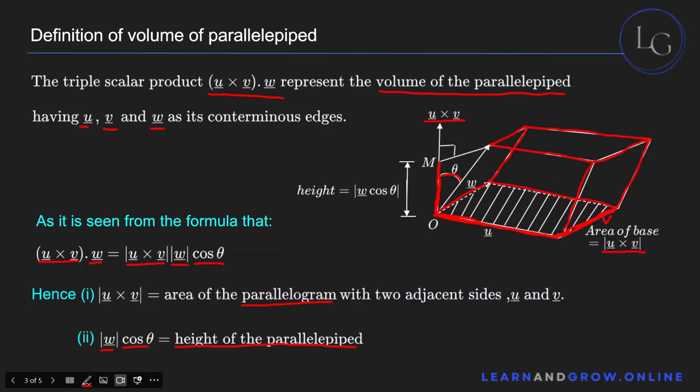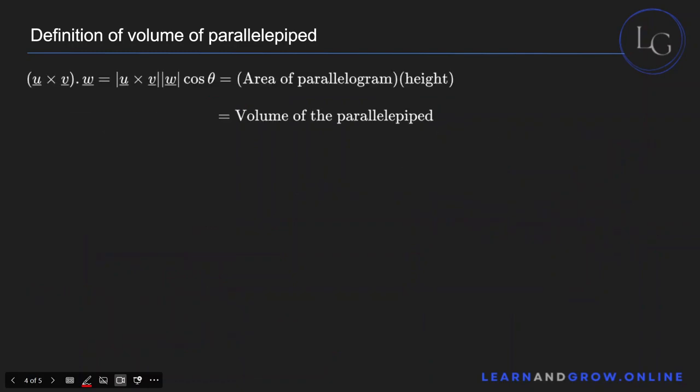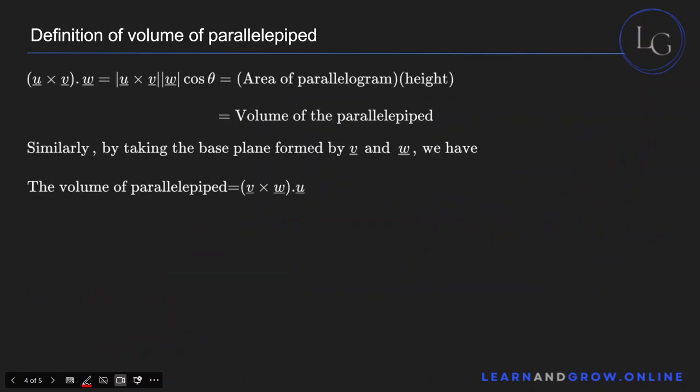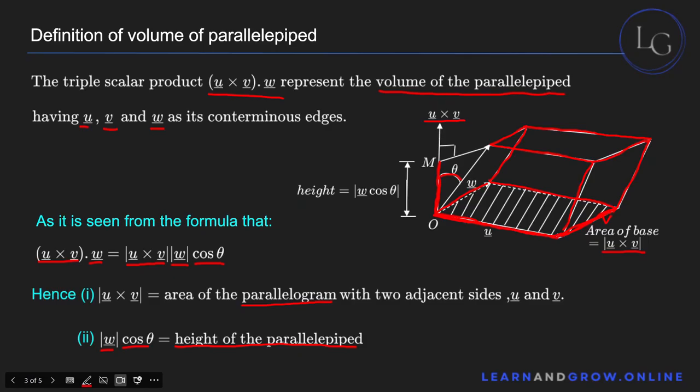Now, there are other ways to do this, right? You can take the base as v and w. So if you take the base as v and w, you take the cross product of v and w, and then you take the dot product of the resultant with u, as u will be acting as the height in this case. And let me just show you.